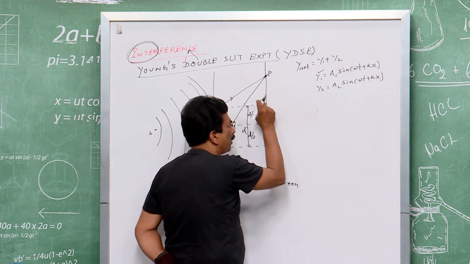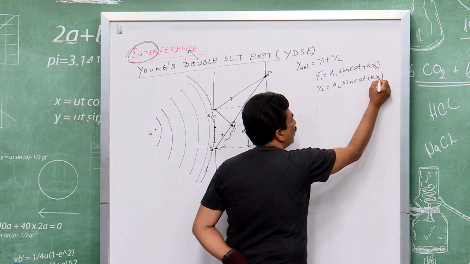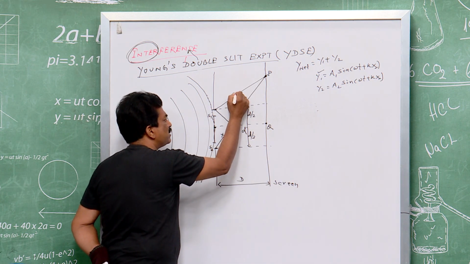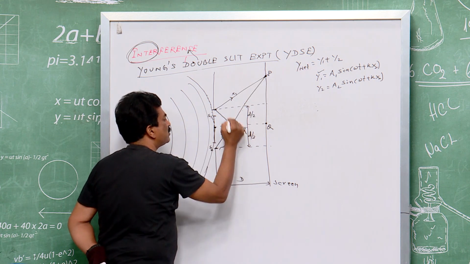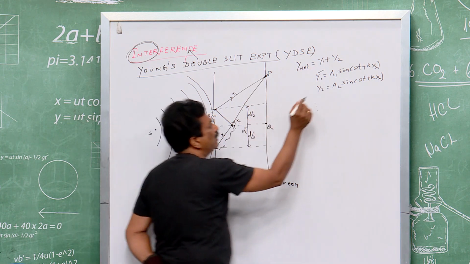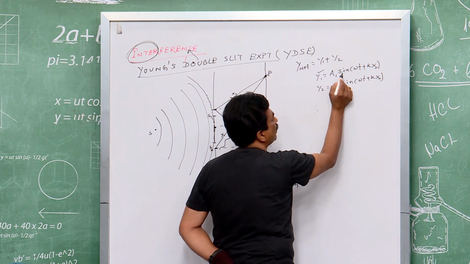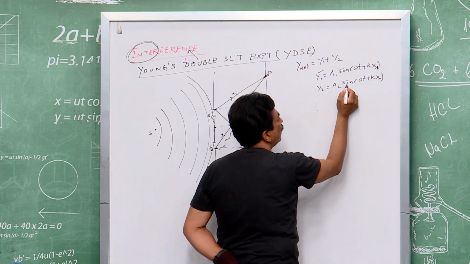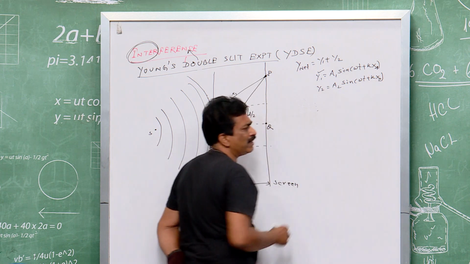But for different positions, the distance covered is not the same. If in one case this is x1, and in another case the total is x2, then y1 is equal to a1 sin(omega t plus kx1) and y2 is equal to a2 sin(omega t plus kx2).